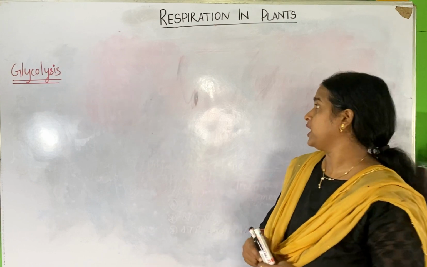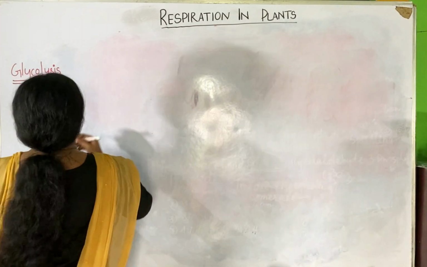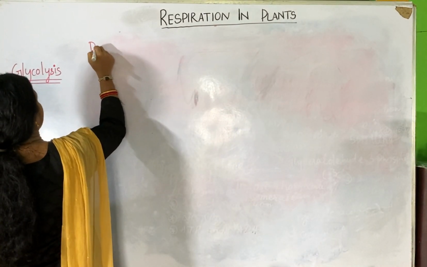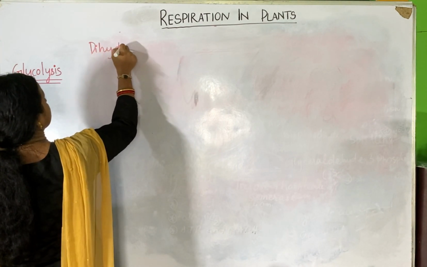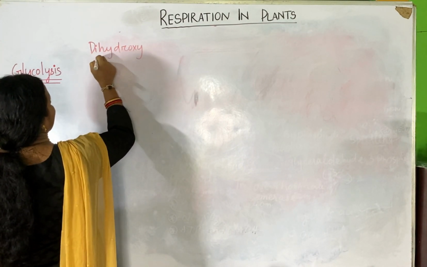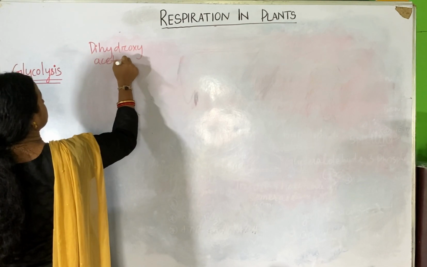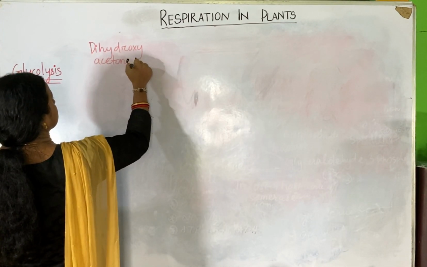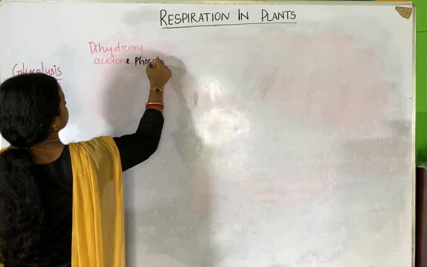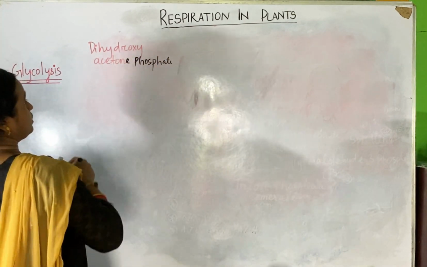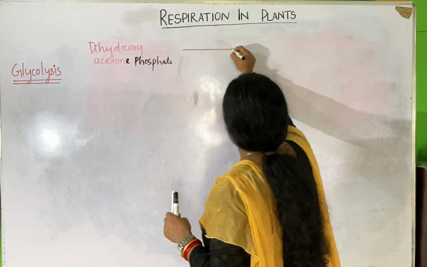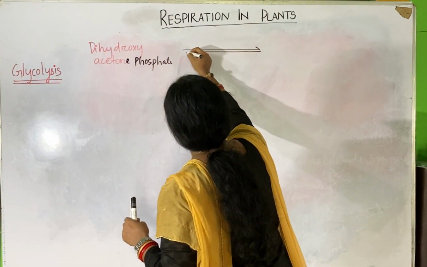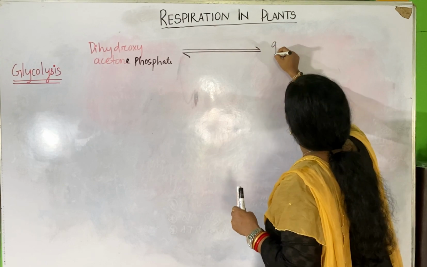Just writing the fifth reaction, that is the conversion of dihydroxyacetone phosphate to glyceraldehyde 3-phosphate, and this is a reversible reaction.